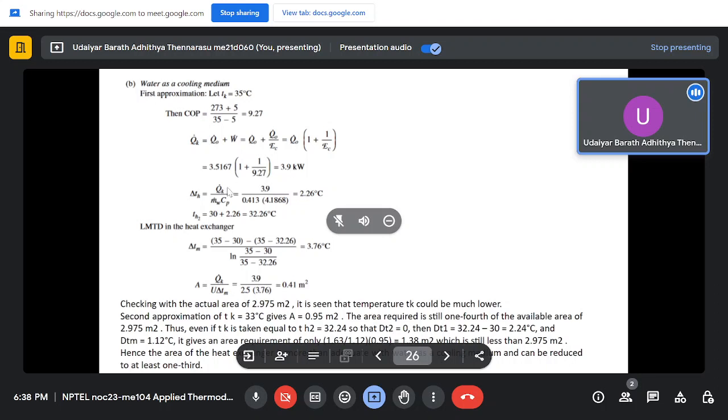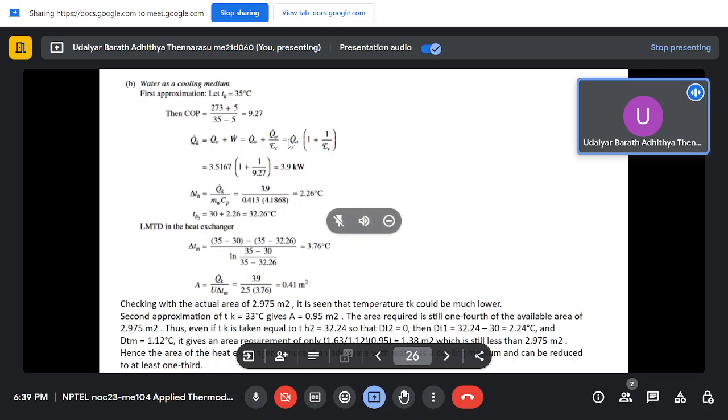So for this case, we find out that your delta T of water is coming out to be 2.26 degrees Celsius for the same amount of water flowing, similar to air. So CP is 4.186, and for 3.9 kilowatt, the rise in temperature of the water is 2.26 degrees Celsius.